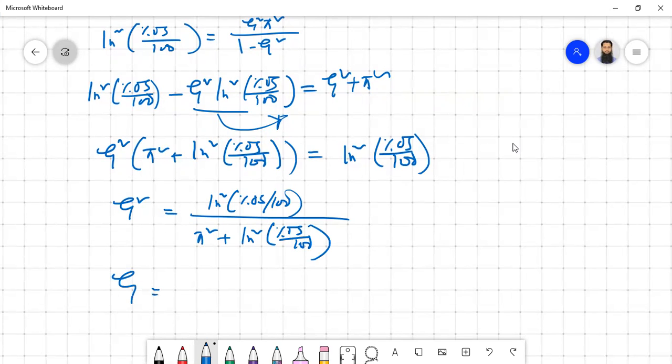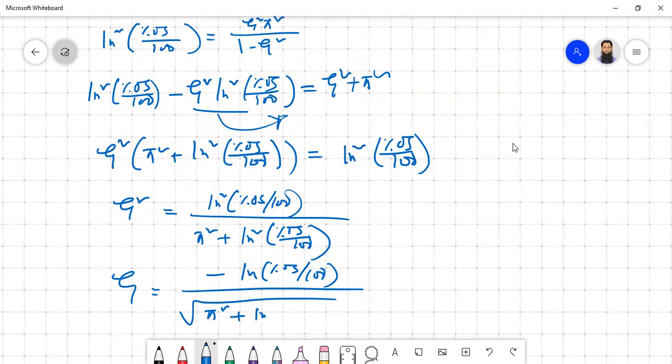So the zeta value will have a plus minus, but we are taking the minus: zeta equals minus ln percent overshoot by 100 divided by the square root of pi square plus ln square percent overshoot by 100.